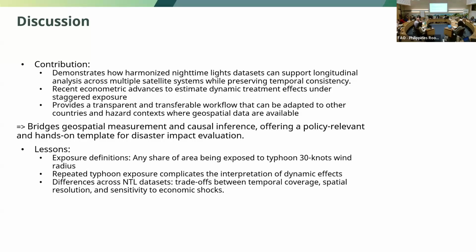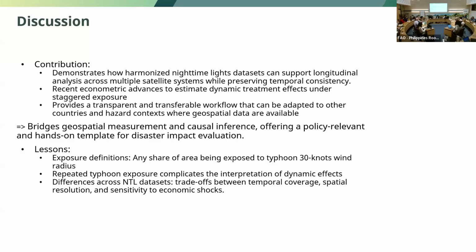And also, since Vietnam is frequently exposed to typhoons, the repeated typhoon exposure complicates the interpretation of dynamic effects. We see an adverse effect, but it could be due to slow reconstruction effort, cumulative damage, or because that province experienced another typhoon right away after having been exposed.